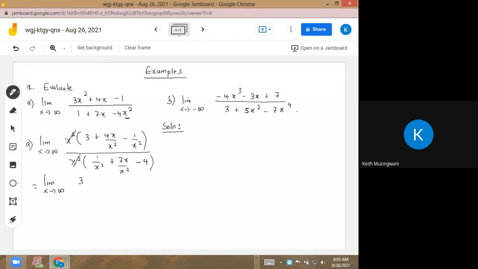So we'll have 3 plus 4 over x minus 1 over x squared over 1 over x squared plus 7 over x minus 4. When you reach here, you just pick the constant 3 over the constant -4, because the limit as x goes to infinity of 4 over x will be 0, 1 over x squared will be 0, 7 over x will be 0, 1 over x squared will be 0.